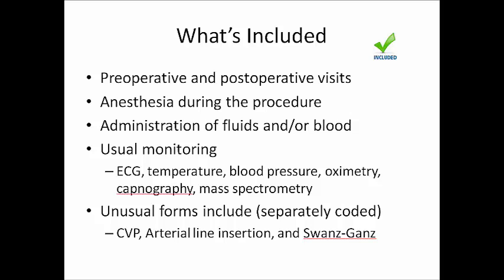Unusual forms of monitoring include procedures which can be separately coded, such as a CVP, a central venous pressure, an arterial line insertion, and a Swan-Ganz catheter, which you'll see used a lot in a right heart cath.